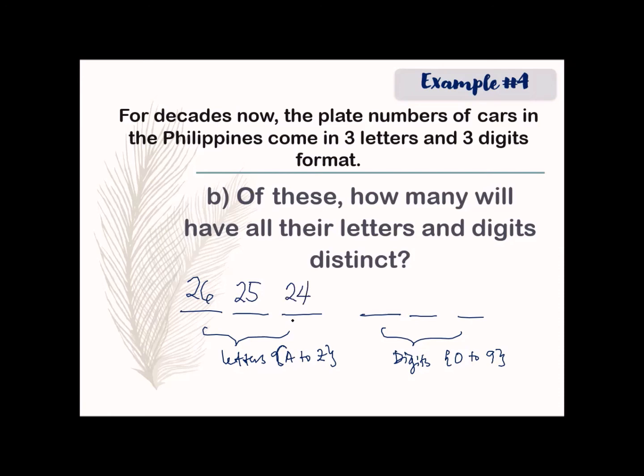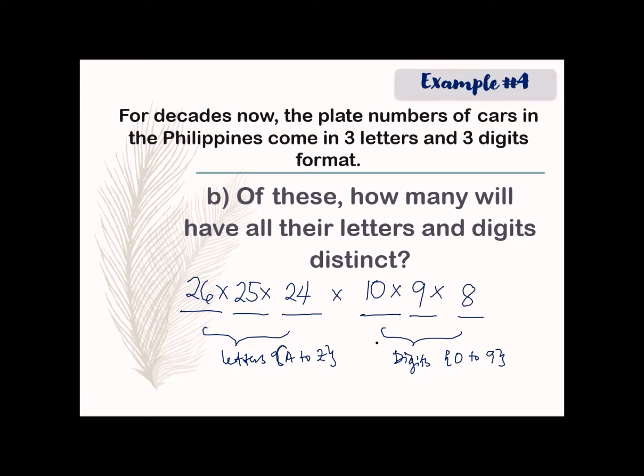So nabawasan ulit. Okay? Now for these digits, ang una natin ay 10. Bawasan ulit ng isa, 9. Then less than 1 again, so we will have 8. And then you're just going to multiply it. Okay? So let's try 26 times 25 times 24 times 10 times 9 times 8.